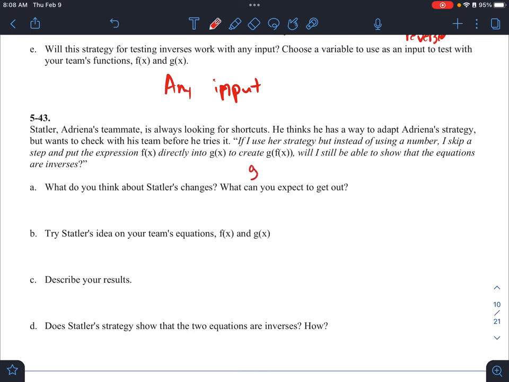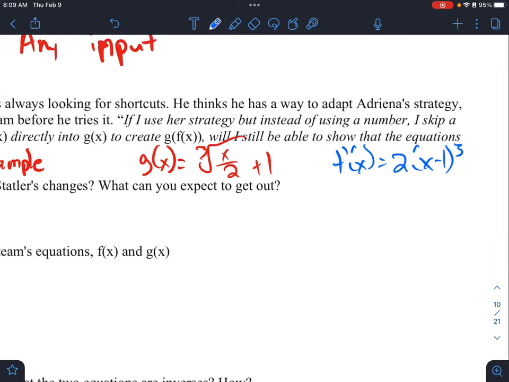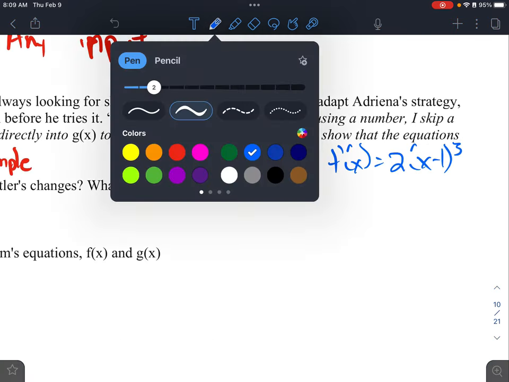So I said g of x is equal to, this is example A, we said the cubed root of x over 2 plus 1, okay? Now I'm just going to write these here so we can work. And my f of x is 2x minus 1 cubed, okay? So this gets messy, but it does kind of help provide a shortcut.